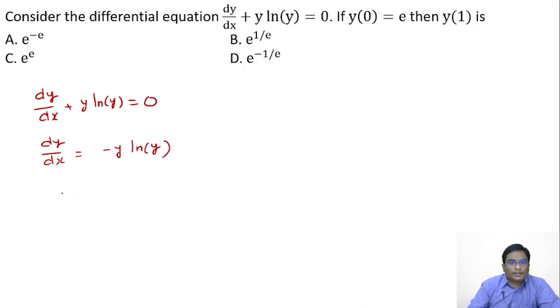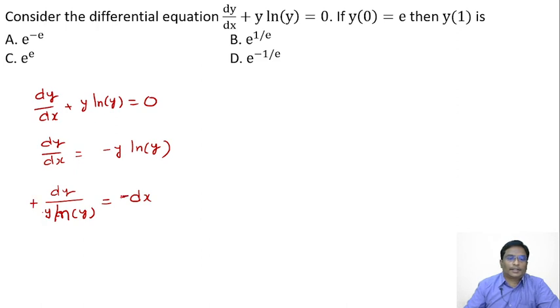Separate the terms containing y and the terms containing x. Therefore dy by y ln y equal to minus dx.